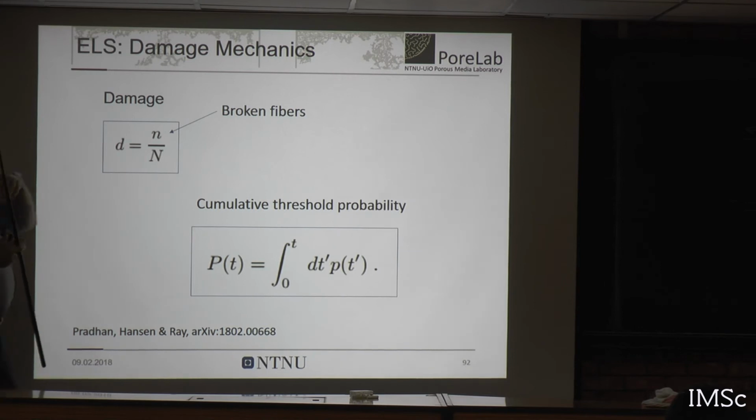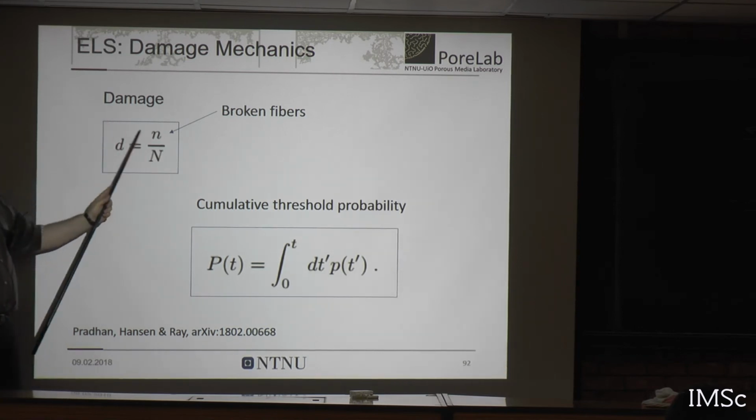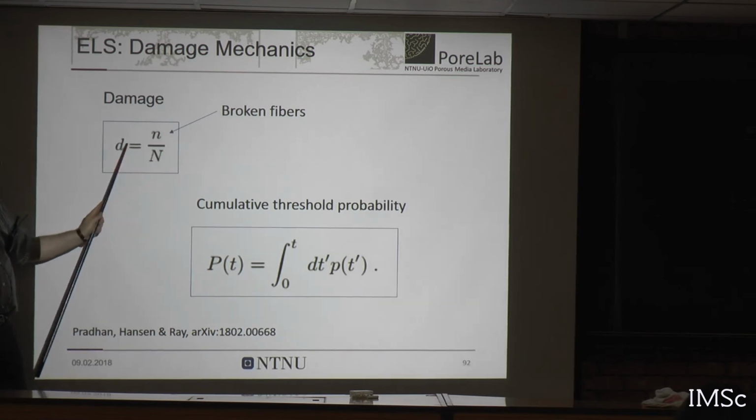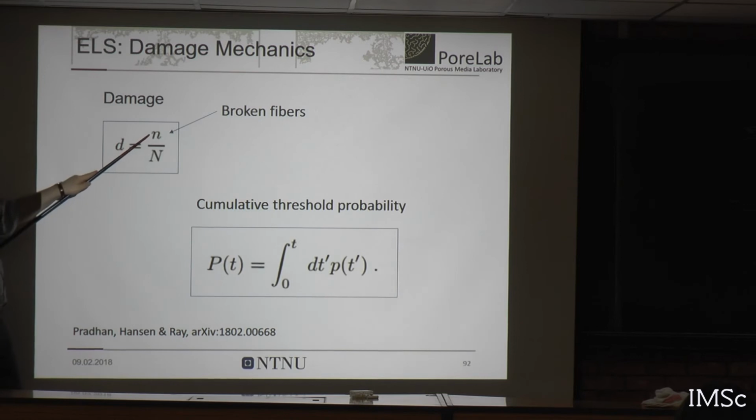And at a certain point in the process, I have n broken fibers. I divide that by the total number of fibers, and I call this D, the damage. When n goes to infinity and capital N goes to infinity, I can still keep this a fixed number, and then this becomes a continuous variable. So the concept of damage mechanics is right in that limit.